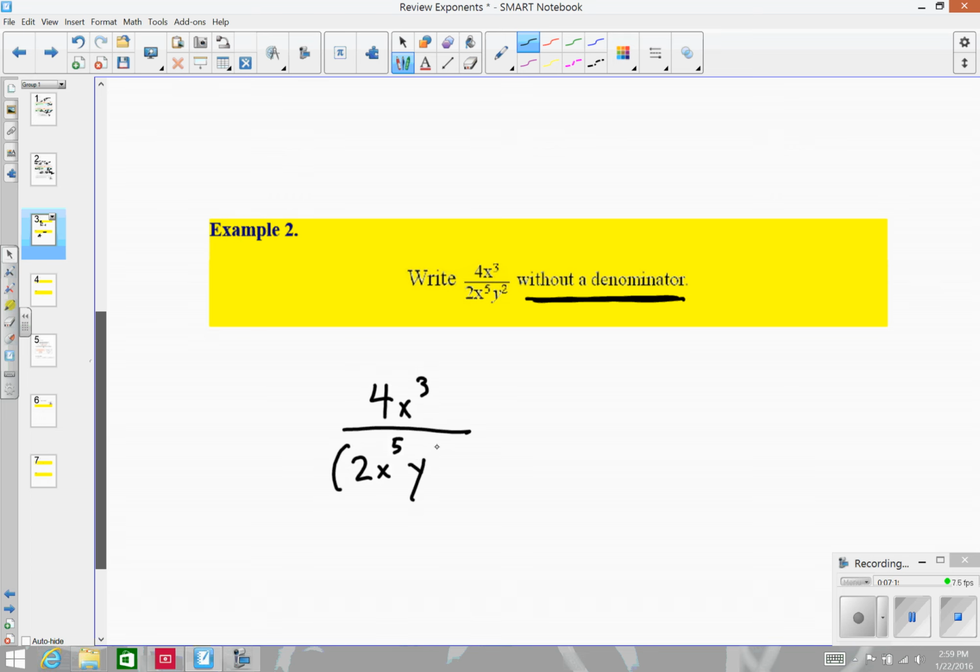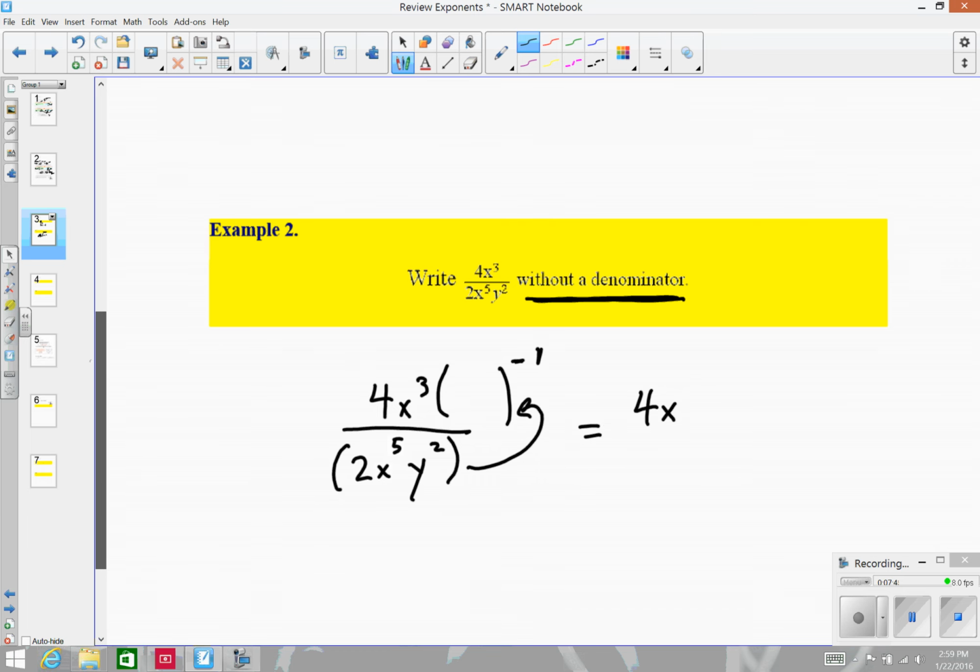If I want to move it to the numerator, I'm going to have to rewrite it so that it is written with a negative exponent. To move this up into the numerator, I'm going to have to write it now with an exponent of negative 1. So let's see what happens when I do that.